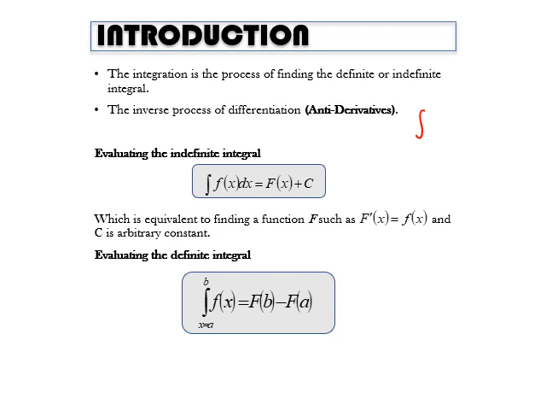Okay. So if you want to evaluate an indefinite integral, the integration of f(x) dx is equal to F(x) plus c. We have the plus c here, okay, which is equivalent to finding a function F such that F prime equals f(x). Meaning when we differentiate F(x) here, we'll get back f(x).